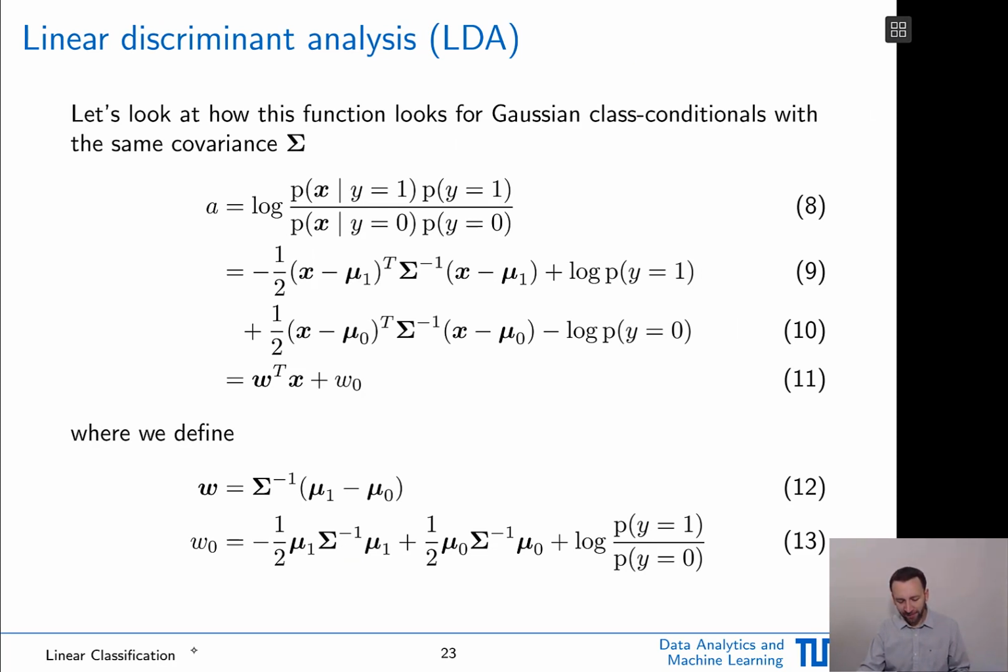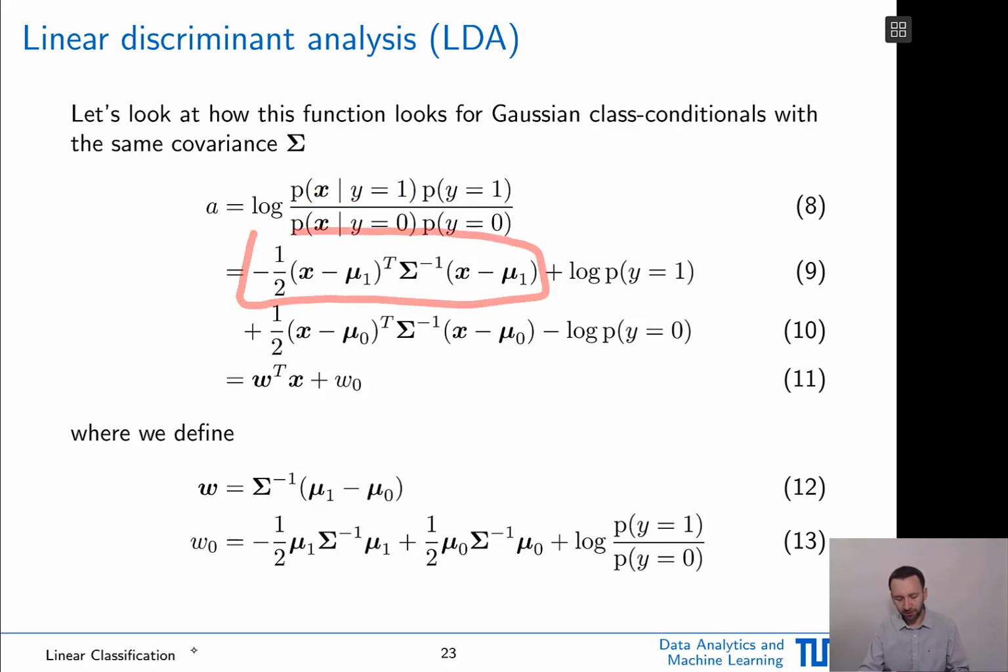So let's now look at how this a term looks like. This a term, as we defined, is this log ratio. And now let's assume what we did before. We assumed before we have a specific mean per class, mu1 and mu0 in this case, because we have two classes, but we have a shared covariance matrix. Okay, so we plug this in now. So here again, this was a Gaussian, this is what you see here.